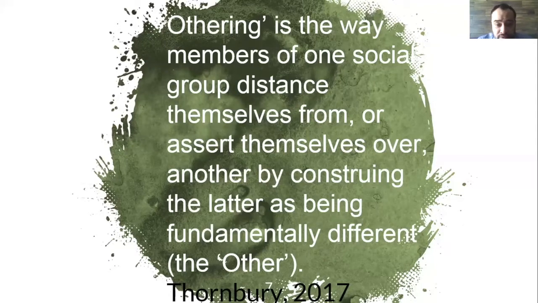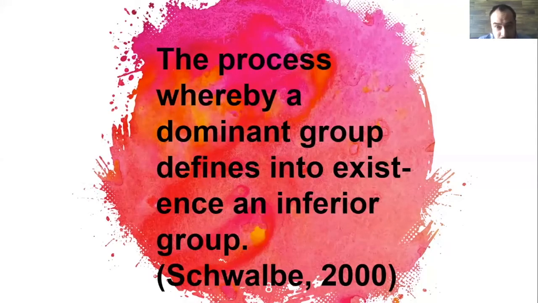So in Schwalbe's opinion, othering has a very important dimension: power, right? The one that defines is the powerful, the one in charge, the one in control, right? So the other is not able to define who is who in the game. He's always defined by the powerful.